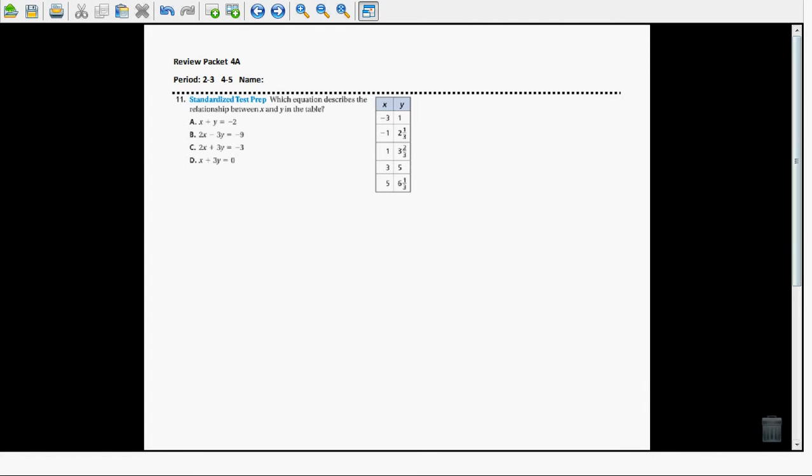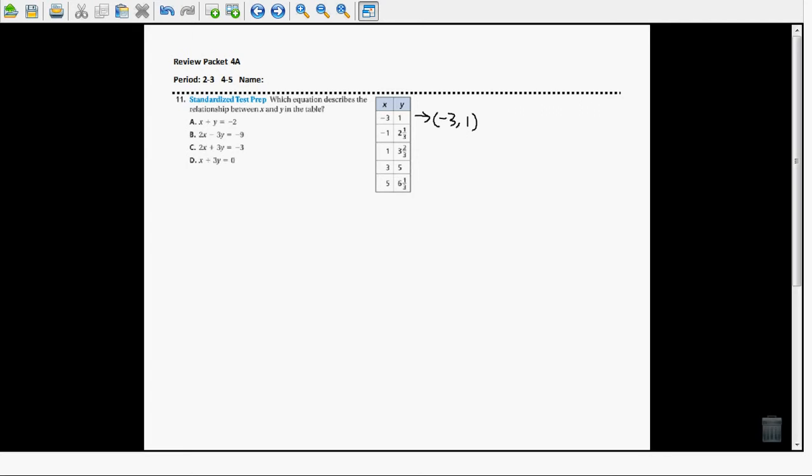For other parts, problem 11, standardized test prep. Which equation describes the relationship between x and y in the table? Okay, if x is negative 3, y is 1. Again, this means it's the point negative 3, 1.